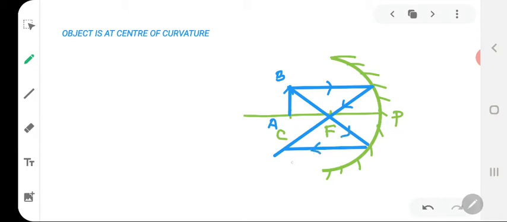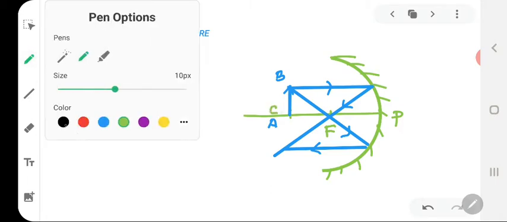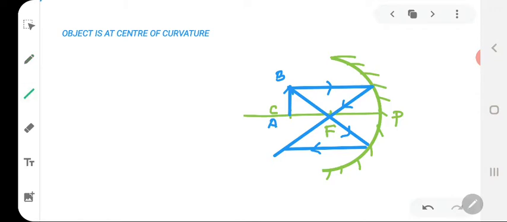So obviously at the point of intersection image will be formed. Now I'm just making some space for drawing the image. I'm drawing the image right now at the center of curvature since the rays are intersecting. So this is the position.